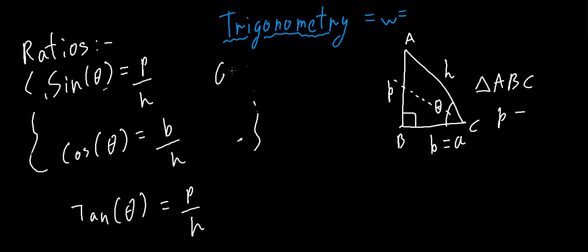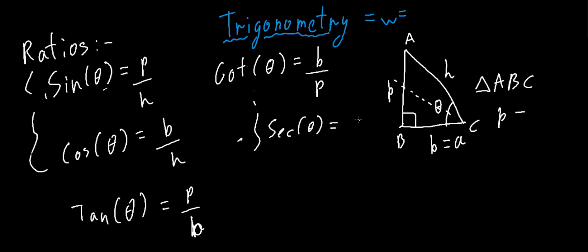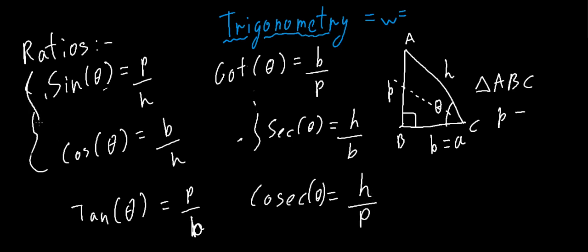Now we have cot theta, which is base by perpendicular, and for sec theta we have hypotenuse by base, and we have cosec theta, which will be defined as hypotenuse by perpendicular. So those are the first trigonometric ratios that you have to note.